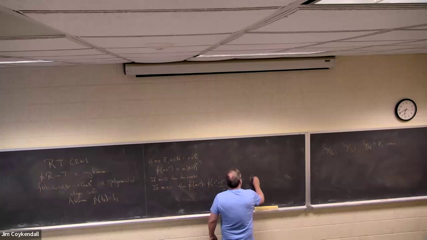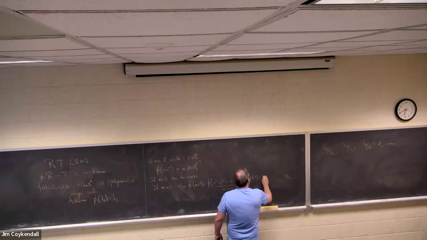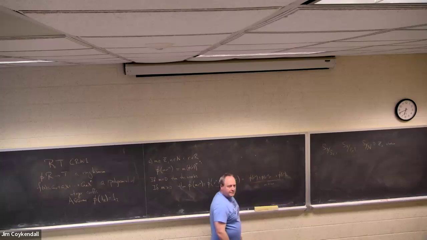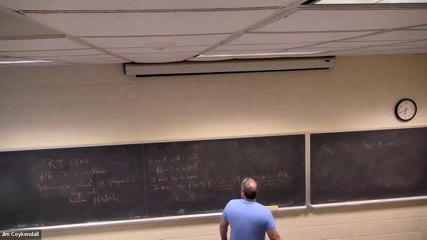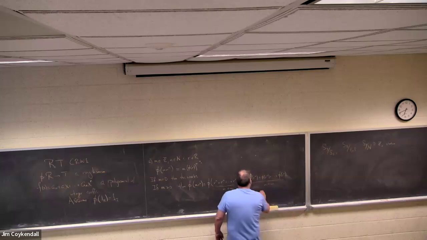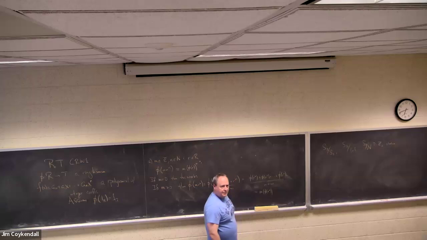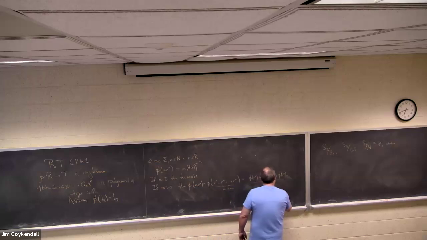So this is phi(r^n) plus phi(r^n) plus ... plus phi(r^n), m times, which is m phi(r^n), which is m phi(r)^n.